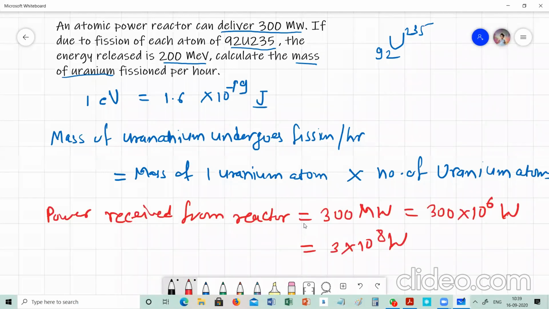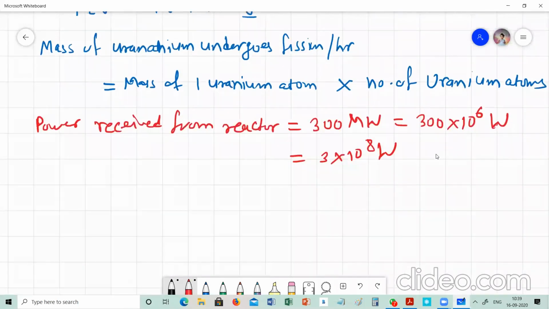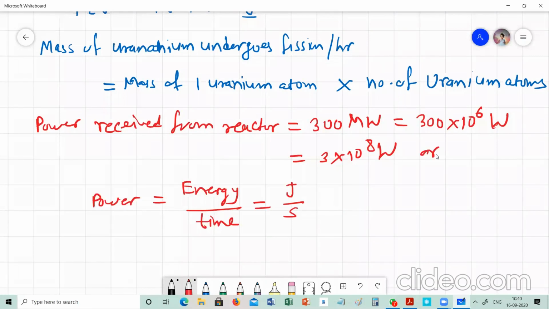Also, we know that power is equal to energy by time. What is the unit of energy? It's joule, and the unit of time is second. Means power can be expressed in watt or joule per second.